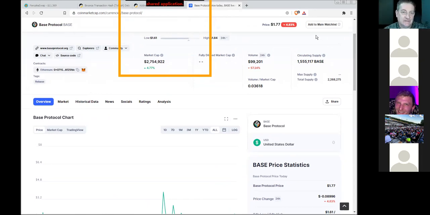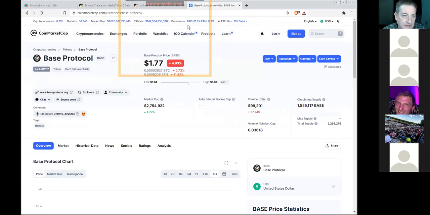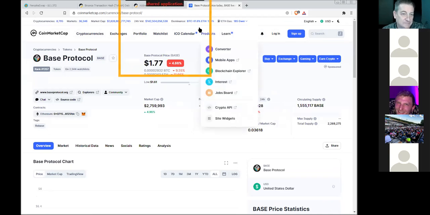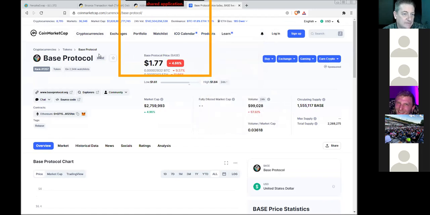So to me, because Bitcoin is 60% of the market cap, as we show here up at the top of CoinMarketCap, and they've just added Ethereum is 12%. So right there, that's 73%. But if you wanted to get the entire umbrella of all the cryptos, you could use this Base to do that. Now let's see where it's traded.